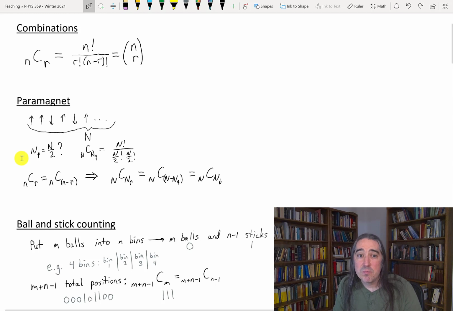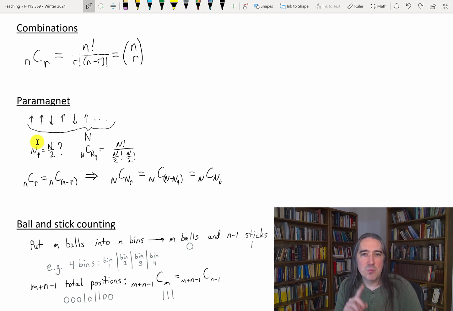Suppose we know n up equals n over 2. I wrote a question mark here, not because I don't know what n up is, since I've said let n up be n over 2, but rather my question is, how many different ways can I do that? This is a combination problem because we have n spins and we want to select half of them and say those are the ones that point up.